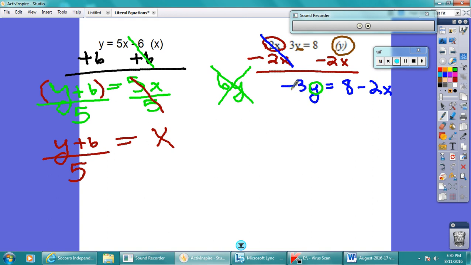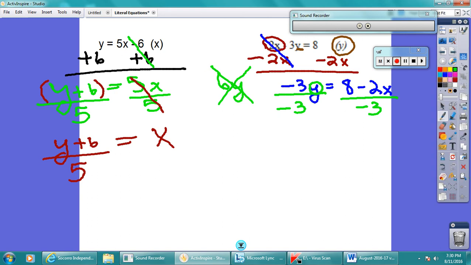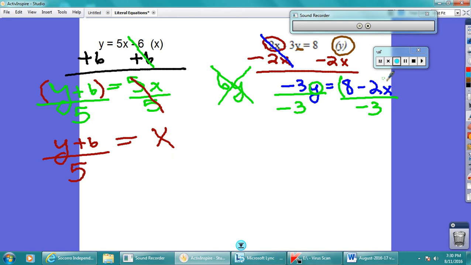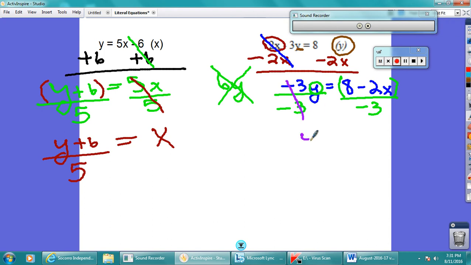Now, the negative 3 and the y are being multiplied together, so we're going to do the opposite, undo the operation, divide by negative 3. Now, look at the other side. I drew a complete line because, again, this now becomes a group over negative 3. The negative 3's cancel, and I'm left with y equals 8 minus 2x over negative 3.